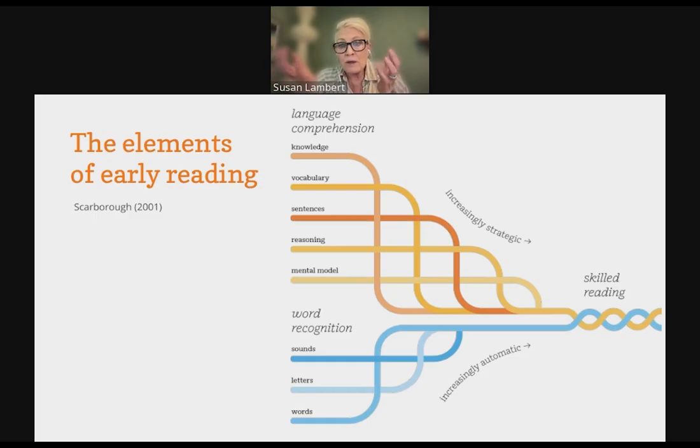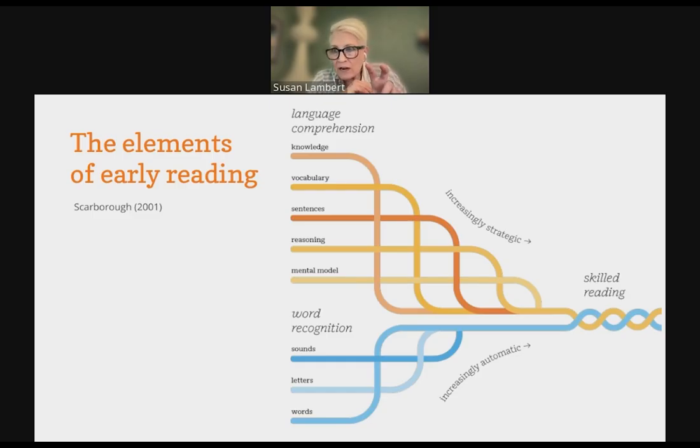So you know that before a student comes into kindergarten or pre-K, what they bring with them is very important to how this literacy develops or how we develop in terms of skilled reading.